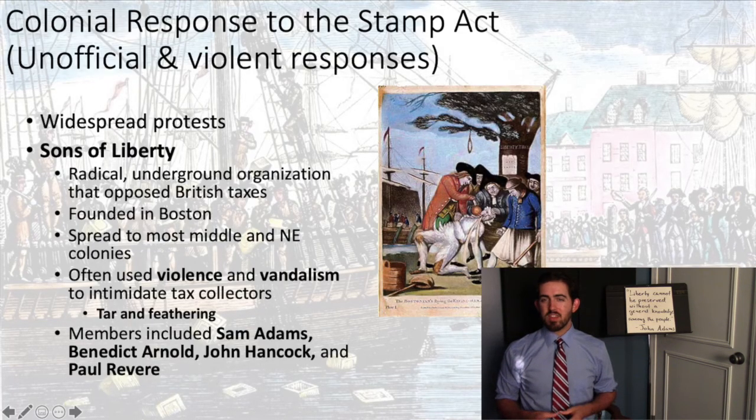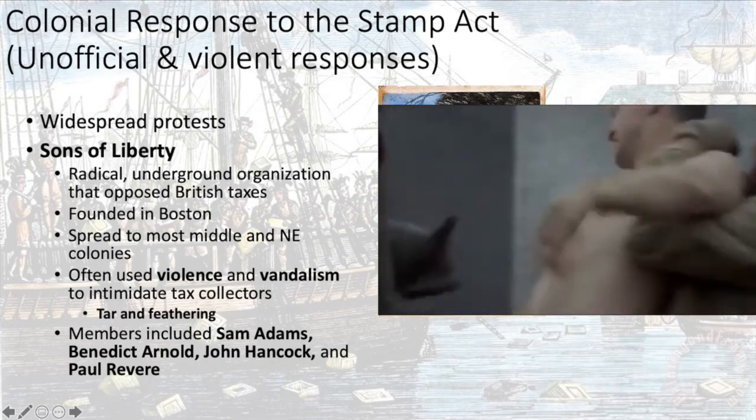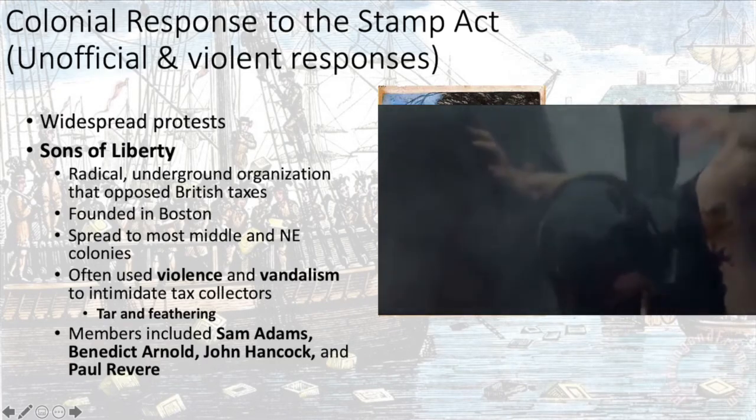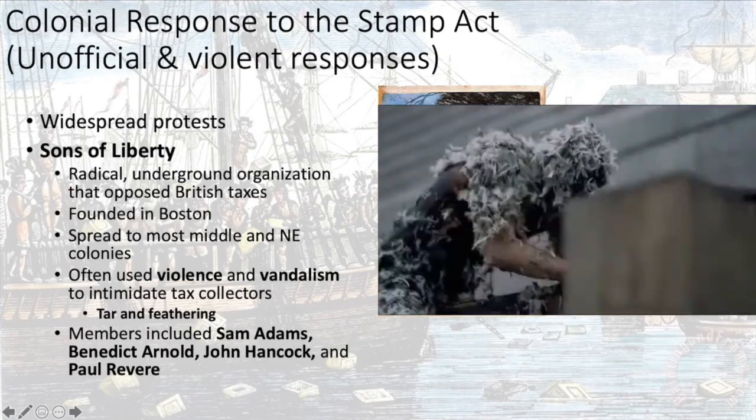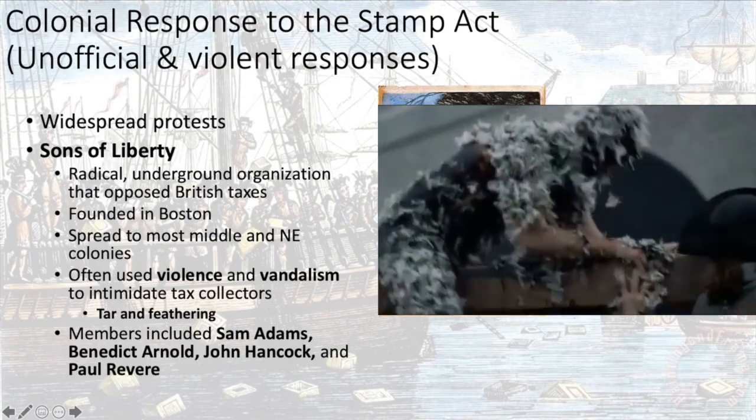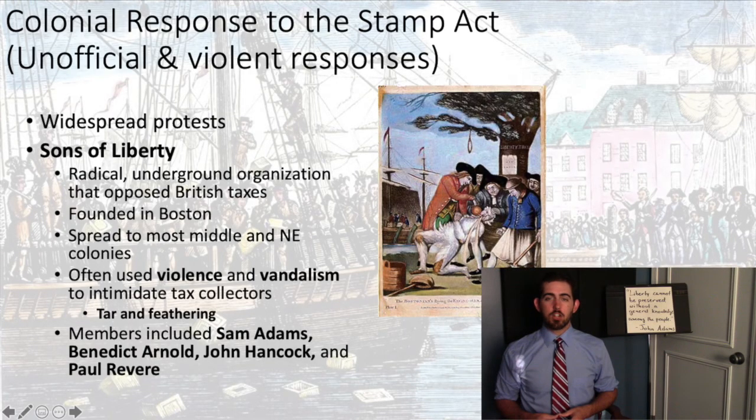Their favorite method was tarring and feathering, an absolutely brutal practice which often left victims with severe burns and infections that turned fatal. Leaders of the Sons of Liberty include well-known names like Samuel Adams, John Hancock, and Paul Revere, all of whom played central roles in the independence movement later.